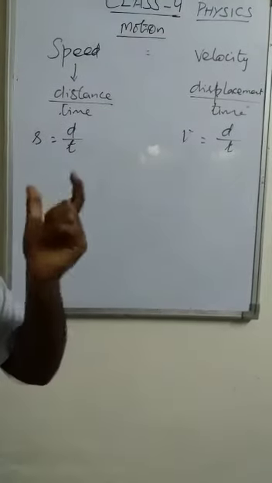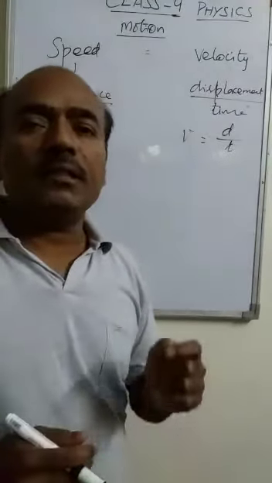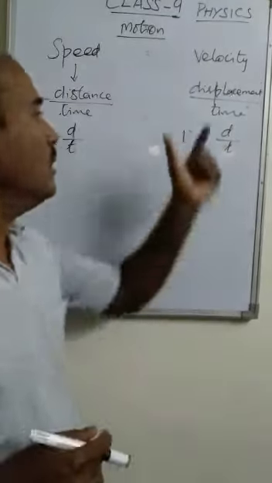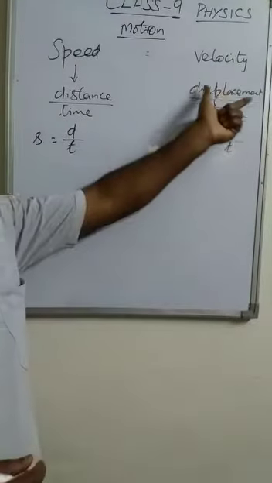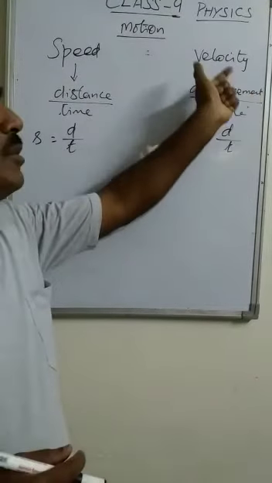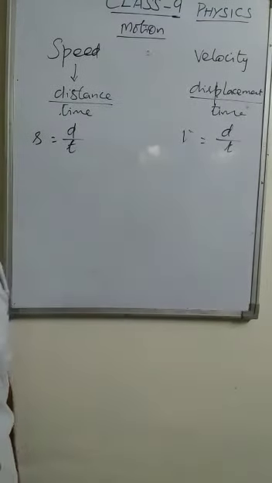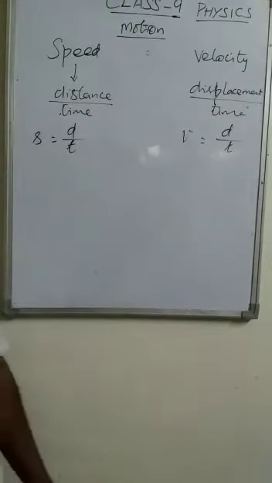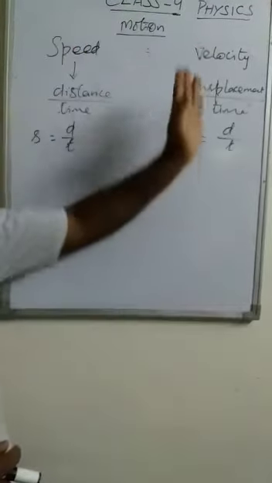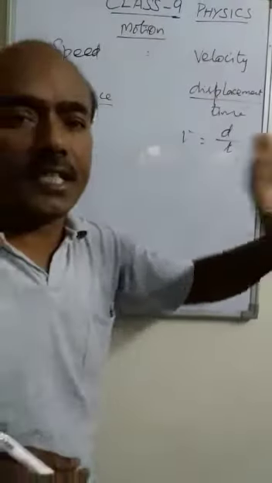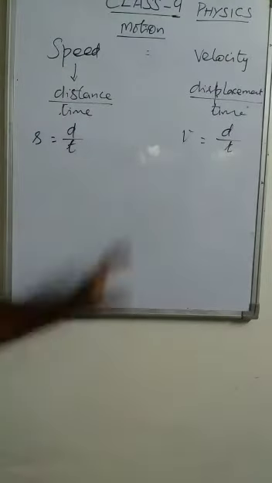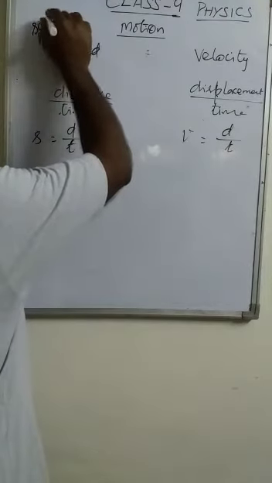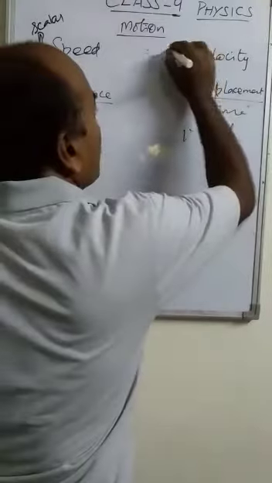Means distance is measured by taking only the magnitude, while measuring displacement, we consider the magnitude and also the direction of motion. Similarly, speed is measured with magnitude only, velocity with magnitude and direction. So speed is a scalar quantity and velocity is a vector quantity.